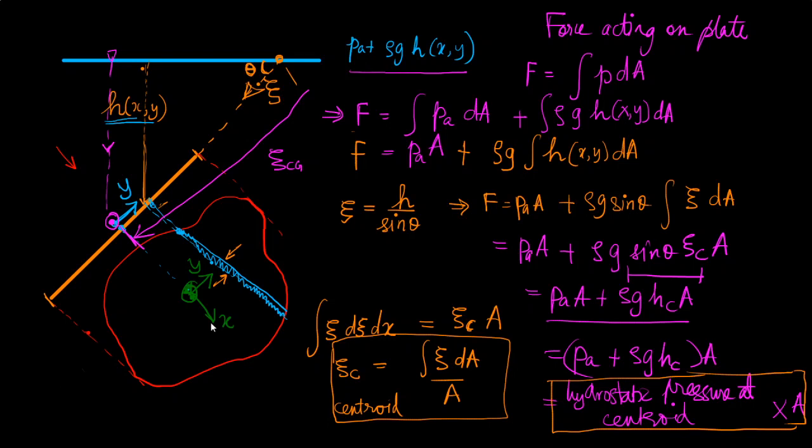That's exactly correct. The orientation does not matter. You can put it in any orientation; as long as you know the depth of the centroid, you can find the force.